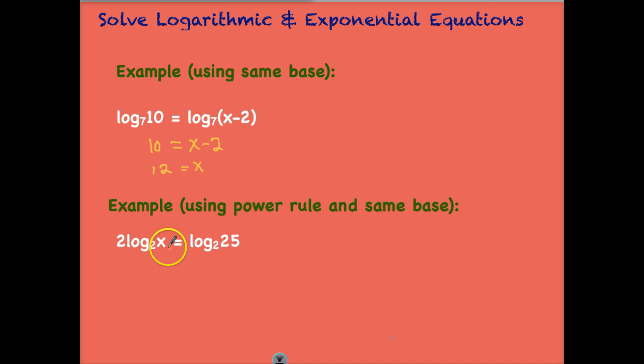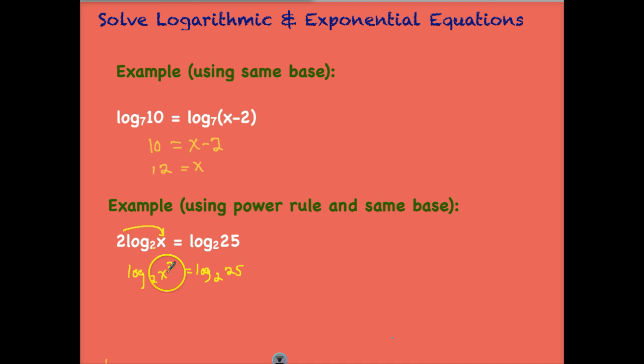What about this example? We again have the same base, but now this logarithm is being multiplied by a factor of 2. So we're not ready to solve it yet. What we need to do is use the power rule to bring this 2 back up as an exponent first. And that would give us log base 2 of x squared is equal to log base 2 of 25.